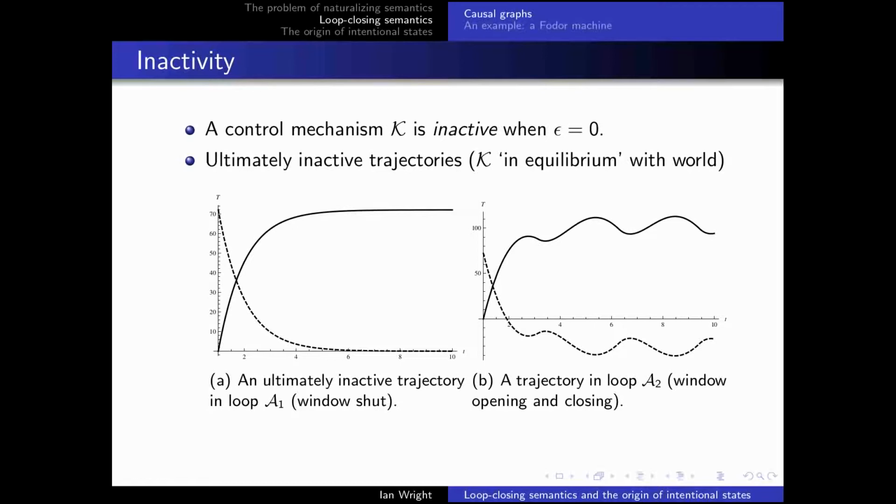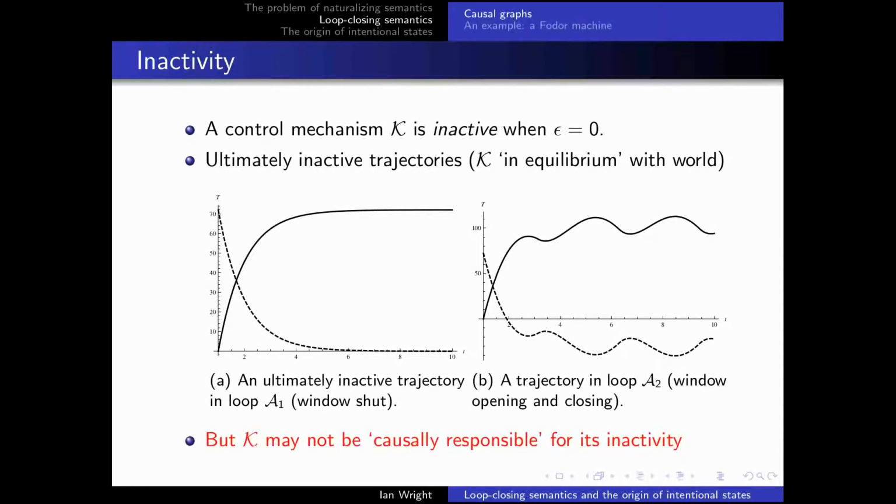But identifying ultimately inactive loops is not enough, because K may not be causally responsible for this result. The room temperature might hit the set point by accident or due to the actions of some other causal agent. So in what circumstances is K the causal agent?